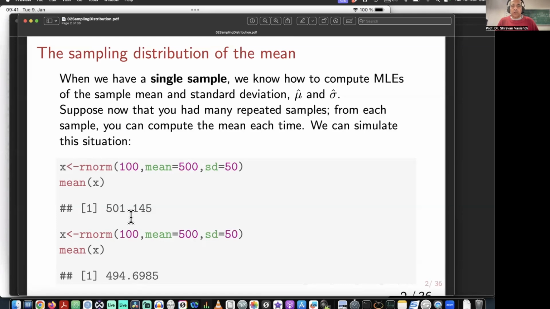And once you've collected this sample, we know how to compute the sample mean and the sample standard deviation, which I'm always going to write, or sometimes I'm going to write as mu hat and sigma hat. So whenever we are computing estimates of particular parameters, those are marked with a cap here like this, okay?